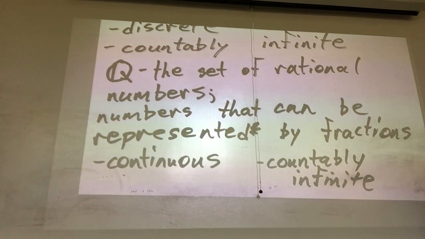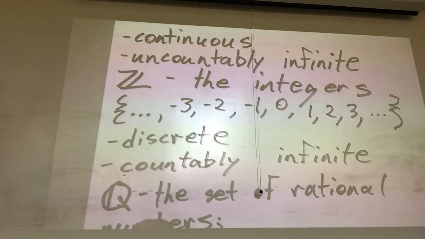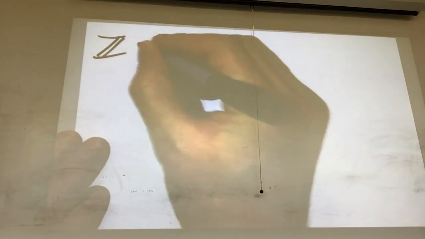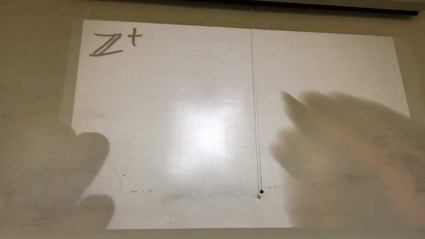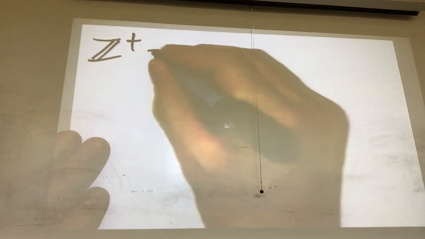Another one that we have a tendency to run into, or that we use a lot, is instead of just writing it as the integers, a lot of times we'll write it as Z plus, and that will be the positive integers.